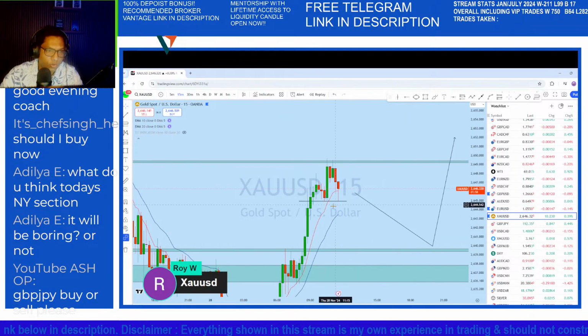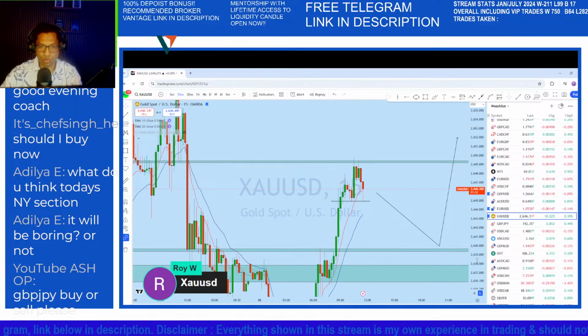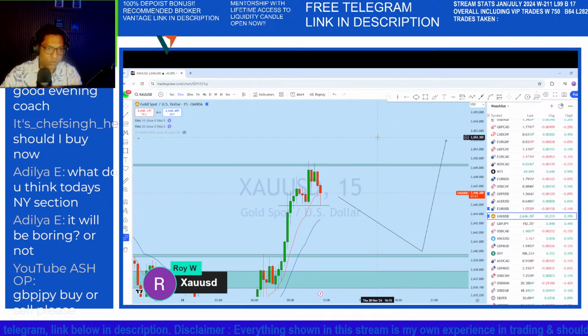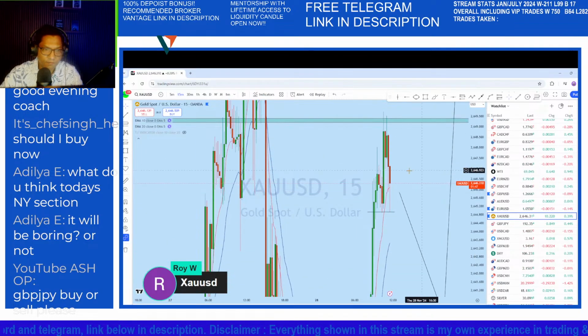Looking to see whenever it is coming down, the bulls are trying to bounce, which is very important. The bulls are trying to break to the upside.